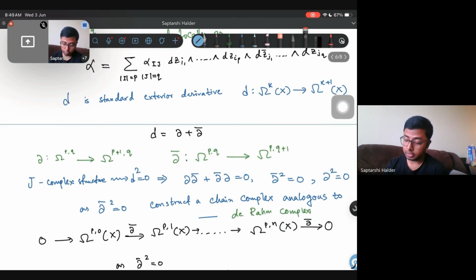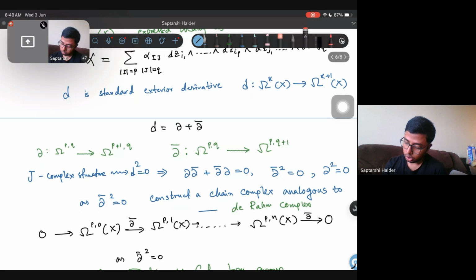Now if J is a complex structure, then d squared equals 0. d is the exterior derivative, so d squared is anyway equal to 0. That will imply some things, because d equals del plus del bar, so we can calculate d squared by decomposing d. We will have these three things: del del bar plus del bar del equals 0, del bar squared equals 0, and del squared equals 0.